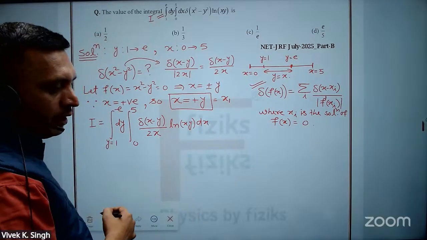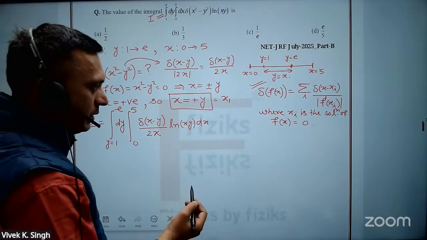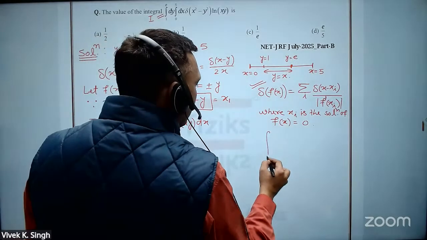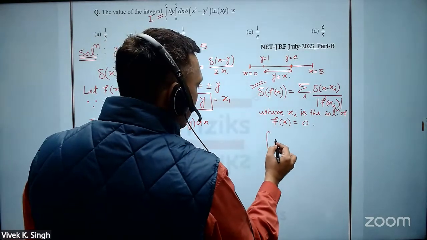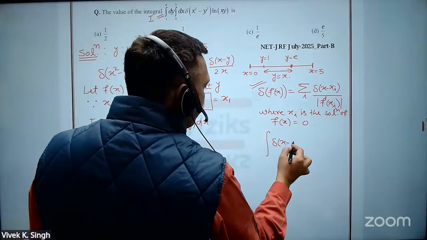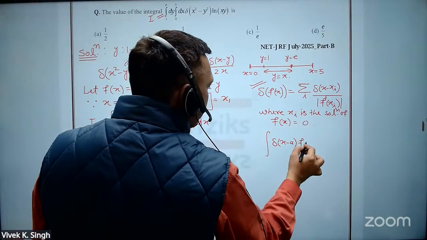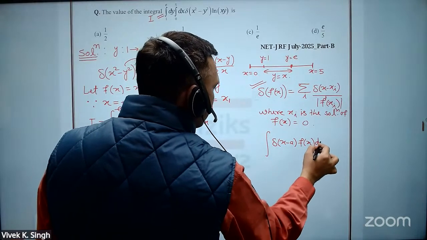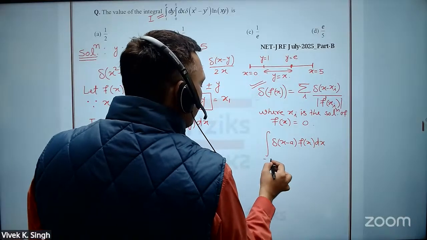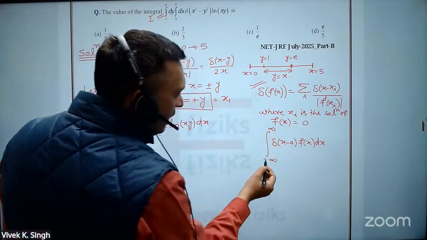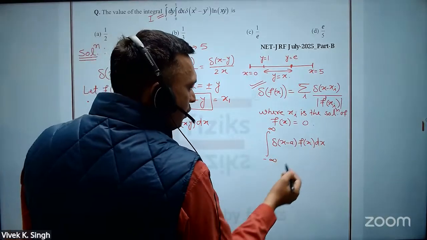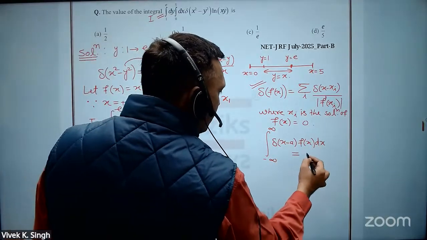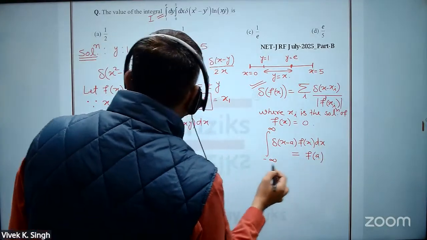You know the property of the delta function: integral of delta of x minus a times f(x) dx, if a lies in the range, is simply the value of the function at a.